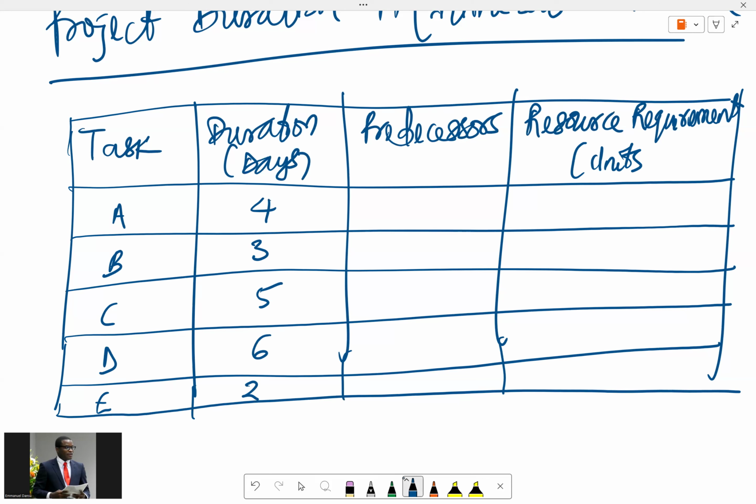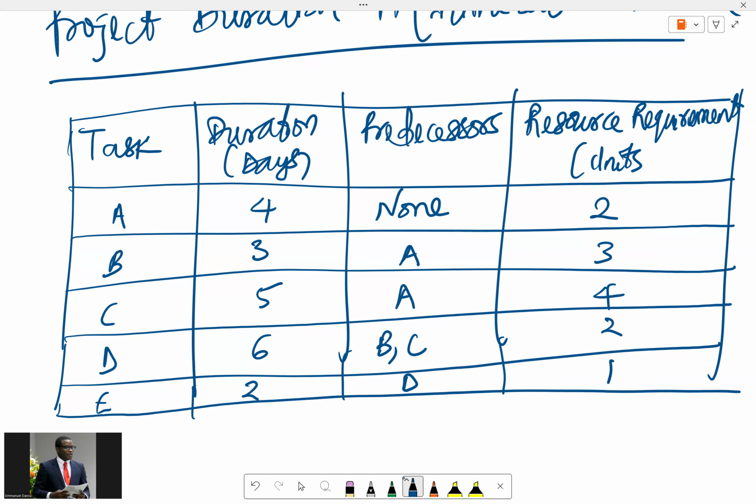For the predecessors, the first task requires nothing before it, the second requires the completion of A, the third requires the completion of A, the fourth, task D, requires the completion of B and C, and the fifth requires the completion of D. Then the resource requirements in units are 2, 3, 4, 2, 1.